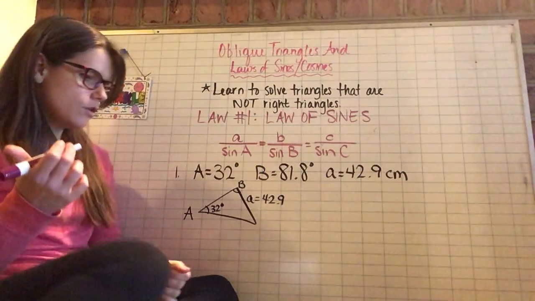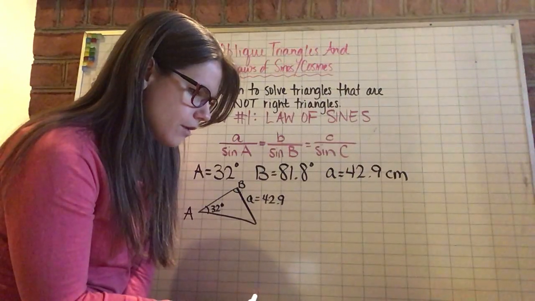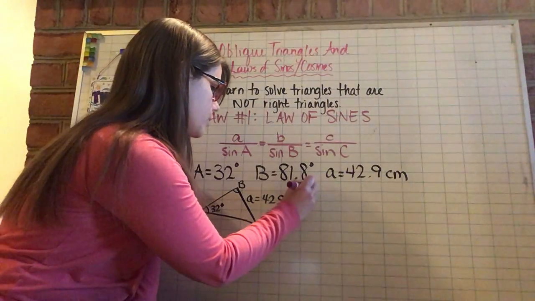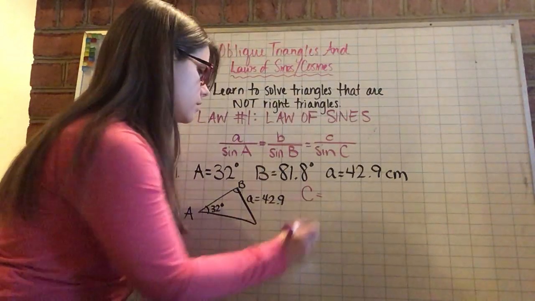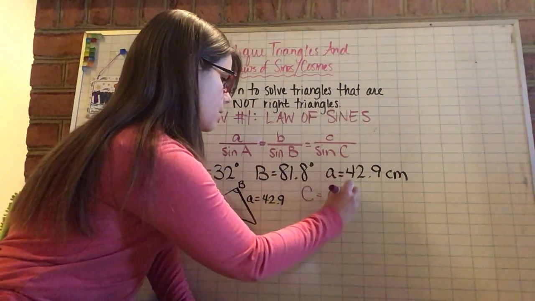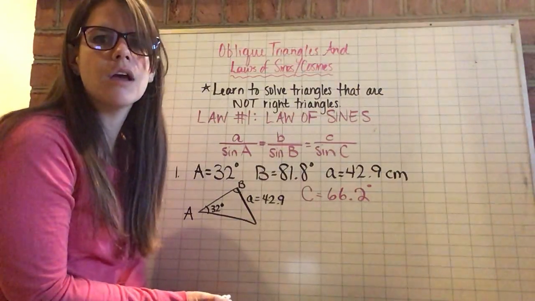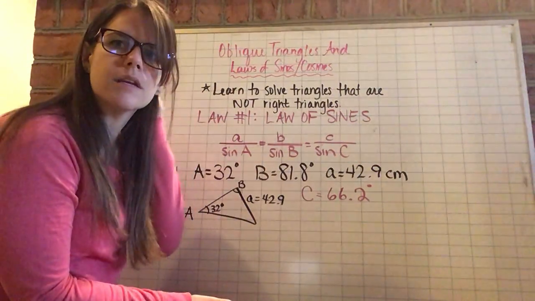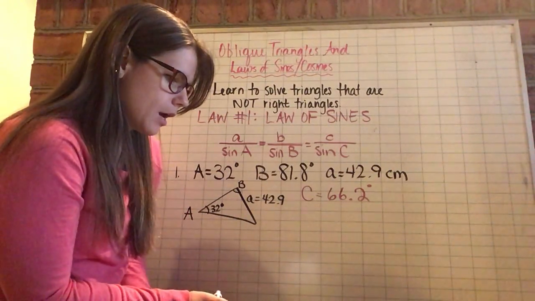So I'm going to go ahead and say that angle C, I'm just going to get that out of the way. Angle C is 66.2 degrees. Okay, and that is 180 minus 32 minus 81.8. And now I'm going to set up my equation.